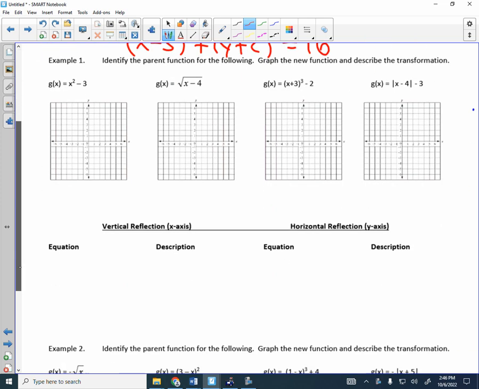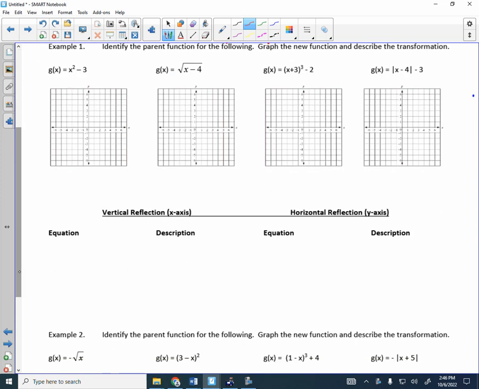So here you're ready to sketch these, and we're going to sketch them quickly. The first thing that we just do is we sketch the parent function. Yep, the first one is a parabola, so we should know it looks like that. The second one looks like... I'm sorry, I'm just going to sketch all the parent functions first, then we're going to go back and do the transformations.